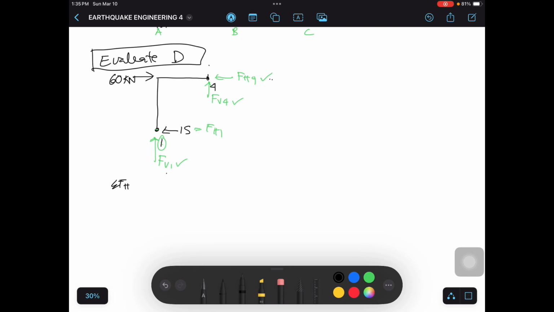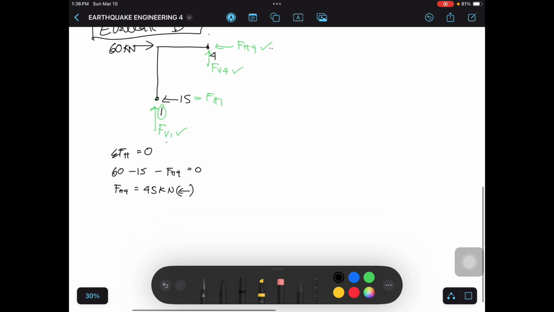Summation of forces along horizontal, 0. So, going to the right is 60. Then, to the left na yung 15. And to the left na rin yung FH4. So, equals to 0. FH4 is equal to 45 kilonewton going to the left.